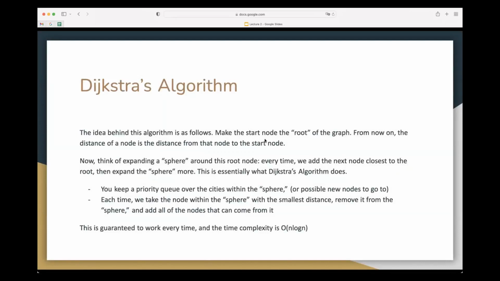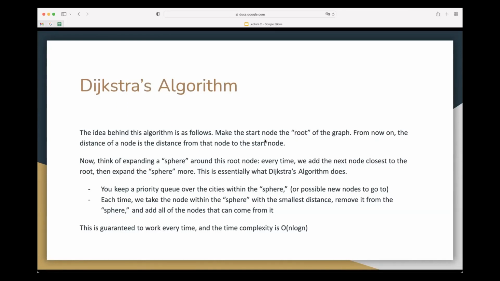So Dijkstra's algorithm. The idea behind this algorithm is as follows. You basically start at the root of the graph. If we define the distance of a node as the distance from the start node to that node, then we can think of kind of like a sphere around the root node.